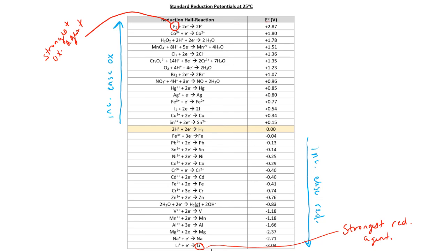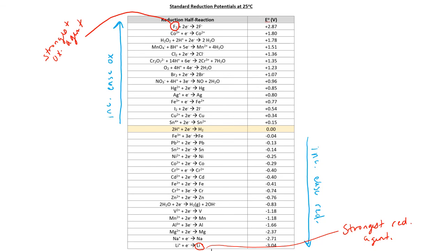So remember, a reducing agent is something that gets oxidized itself. So lithium really doesn't want to exist as solid lithium. It would much rather be oxidized to lithium plus 1. And an oxidizing agent is something that is going to get reduced. So fluorine, F2, would much rather exist as fluoride anion, F-, being reduced to that by gaining electrons.